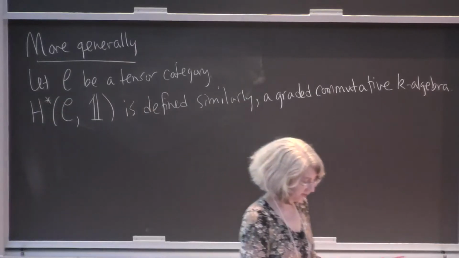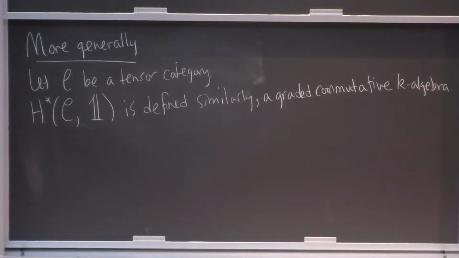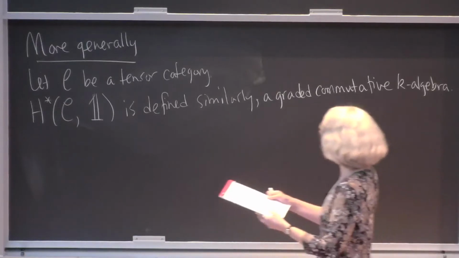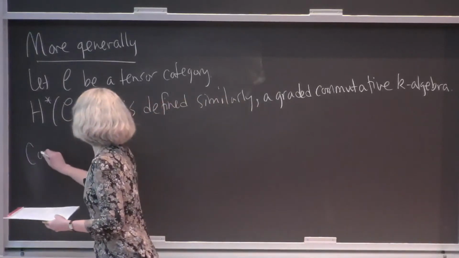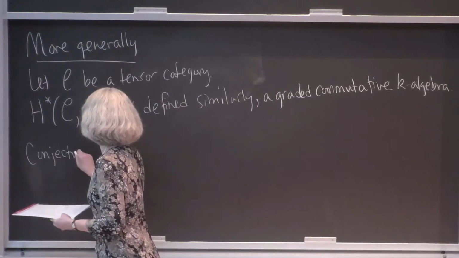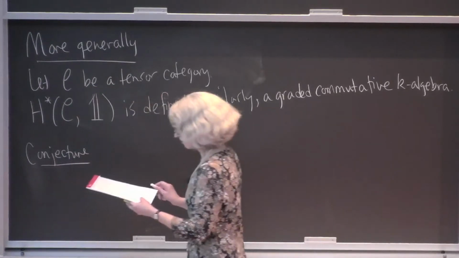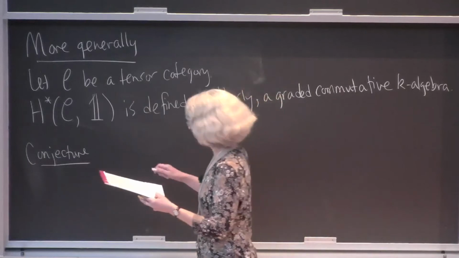And there's a conjecture. So you have a commutative algebra. Some nice commutative algebras are the Noetherian ones. And there is a conjecture. This goes back a ways.